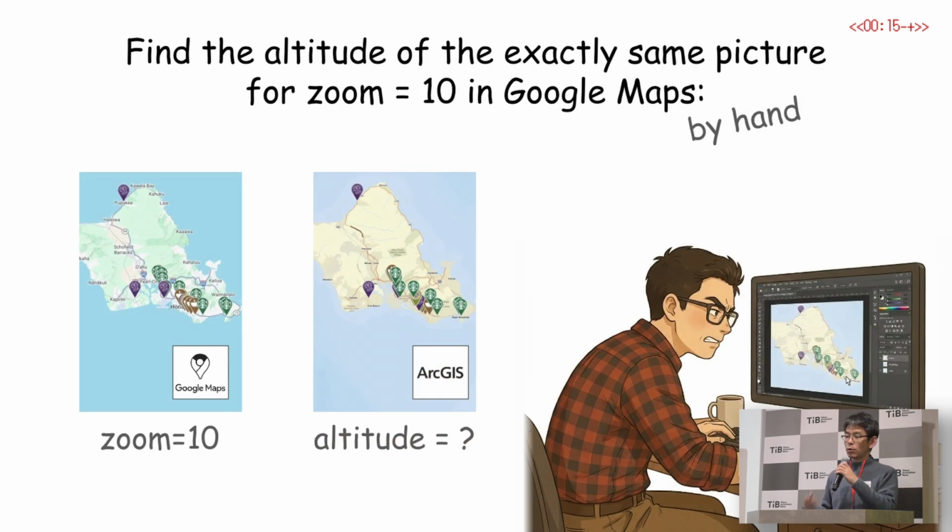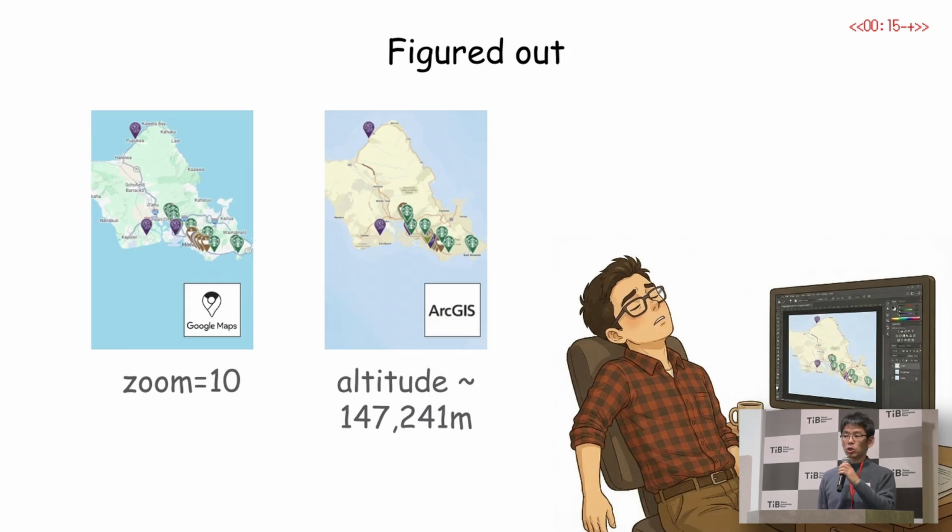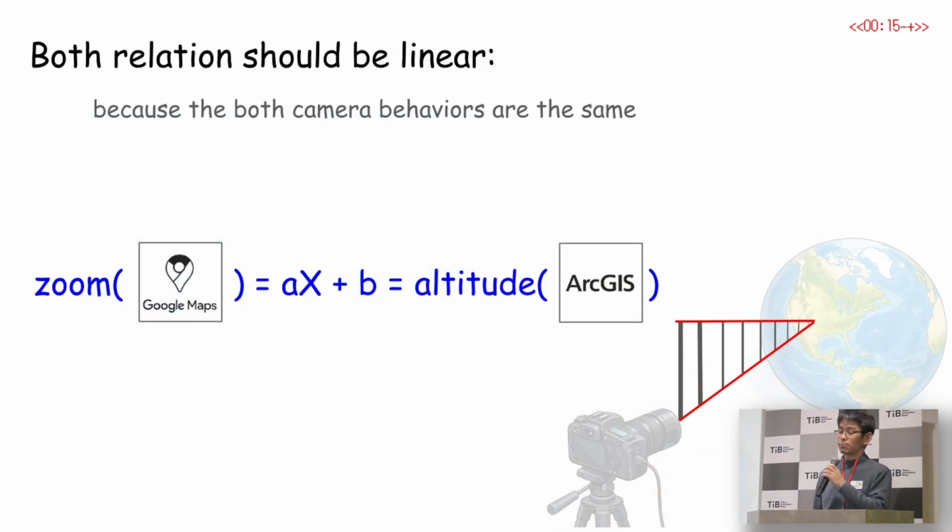First, I tried to figure out a very simple way. What's the altitude at zoom level 10 on Google Maps? So I took some screenshots and overlapped them in Photoshop. Yeah, probably you would do the same.